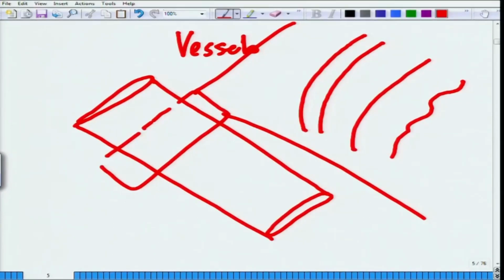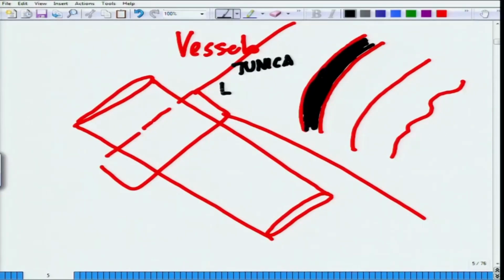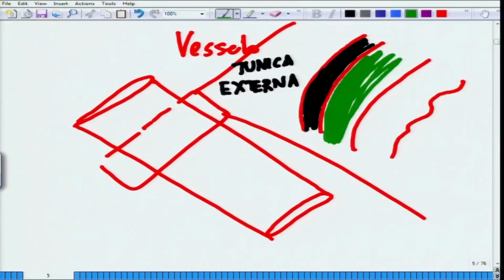This is the outermost layer, and all the vessels have this. Okay, this is the common feature. They have the tunica externa. This is the outermost layer, tunica externa. Then there is a middle layer, called tunica media. This is this layer in the green color. Okay.